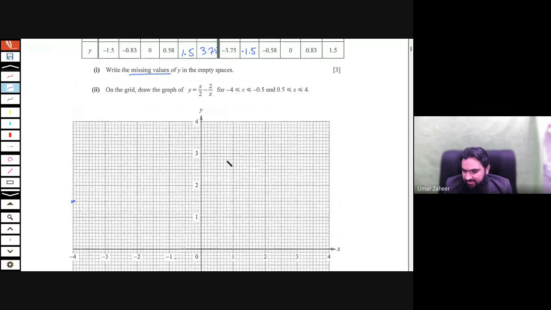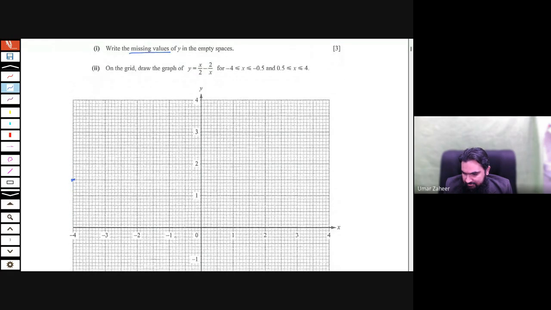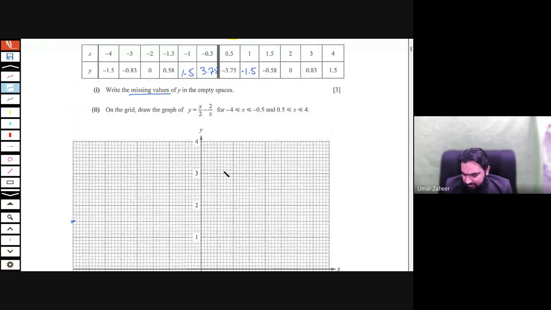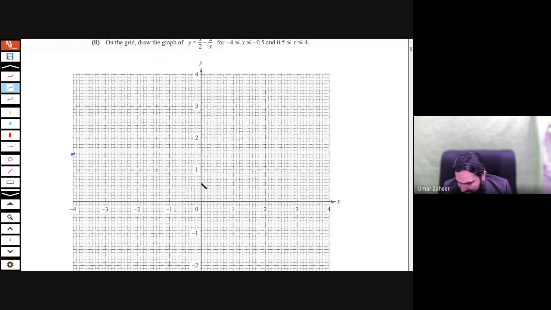Next one is -3, -0.83. Look here, from 0 to 1 it is 10 blocks, so it is 8. So 0.83 is going to lie here. I need to use a line because I won't be able to find it exactly. And this is the point.